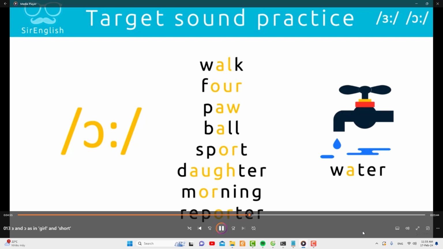Walk, for, paw, ball, sport, daughter, morning, reporter, water.